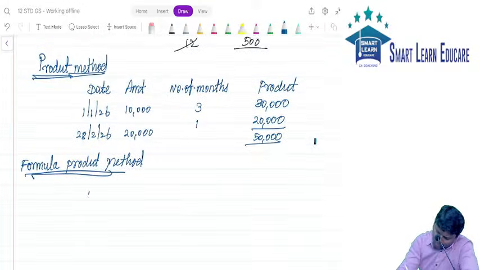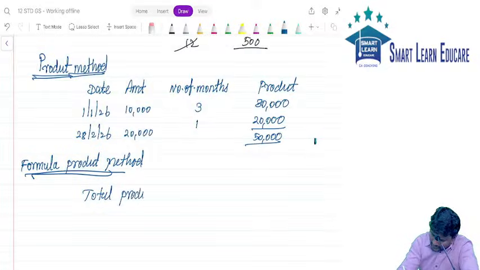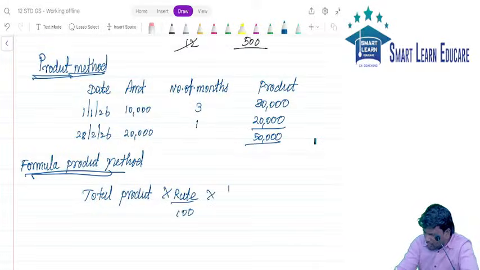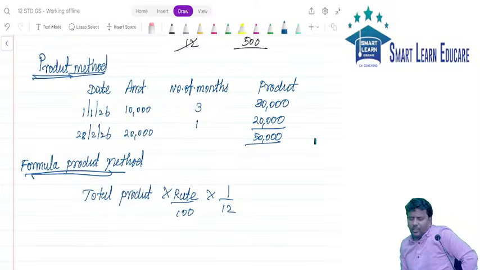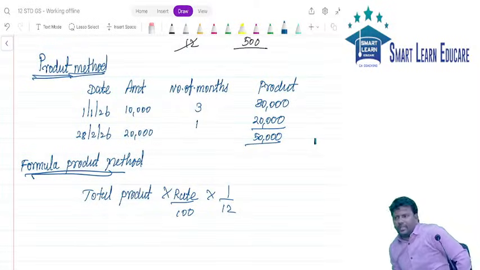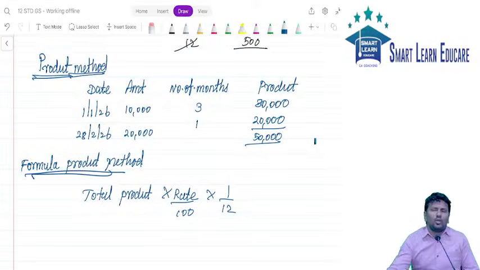It is total product into rate by 100 into 1 by 12.